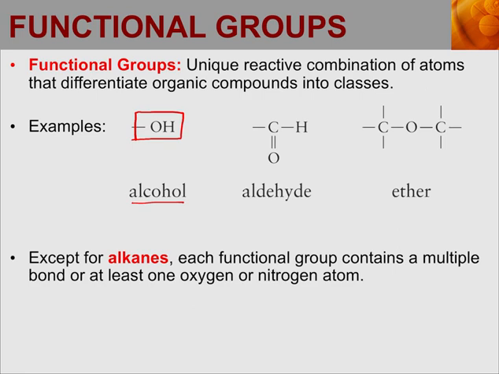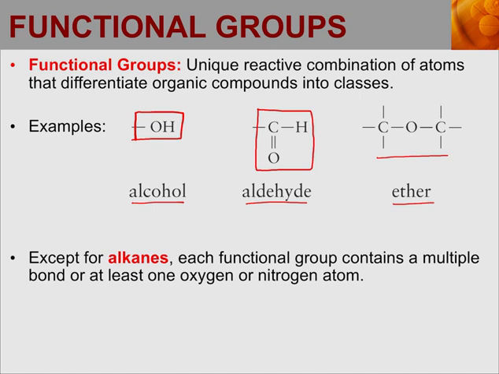Another example, if you have a carbon that has a double bond to an oxygen and then a bond to a hydrogen, this is called an aldehyde. Aldehydes tend to be compounds that smell really sweet or fruity. And then we have ethers. If you see an oxygen in between two carbons, then that is called an ether.